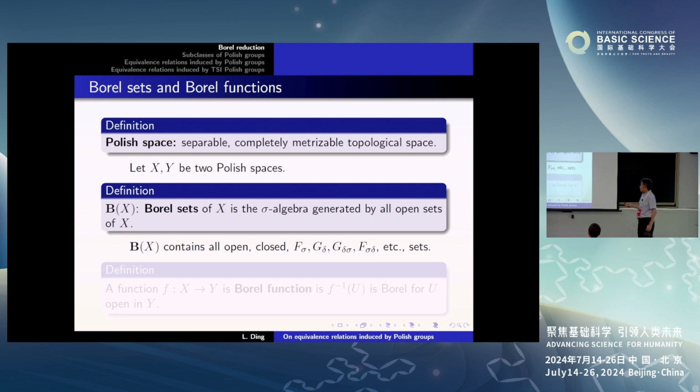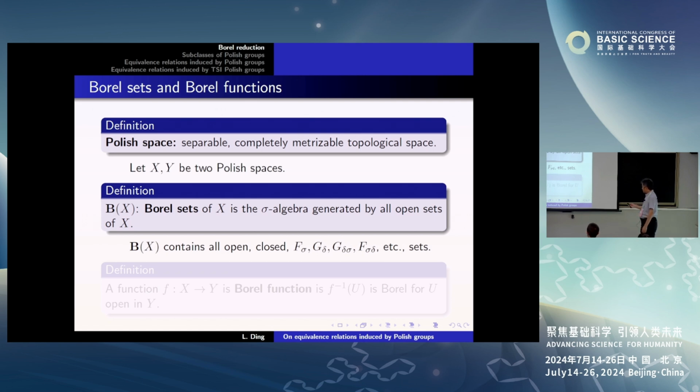The Borel set is denoted by B(X). B(X) is the sigma algebra generated by all open sets of X. So we can see that B(X) contains all open sets and closed sets. These two classes are the first level, and for the second level, it's F sigma. F sigma means a countable union of closed sets. And G delta is a countable intersection of open sets.